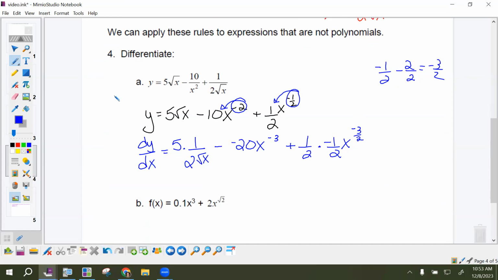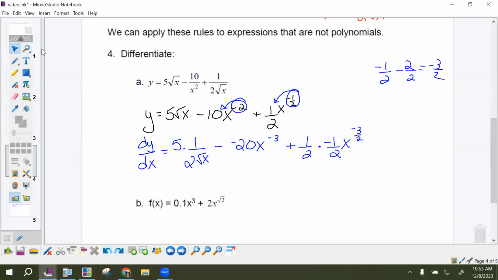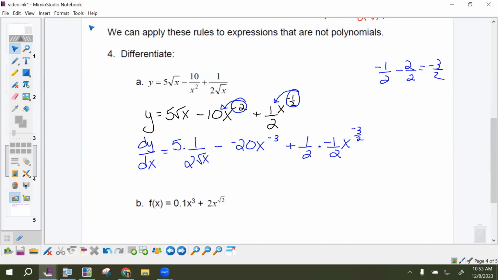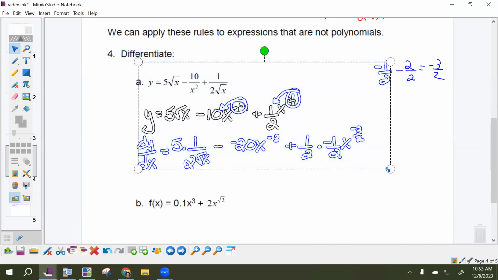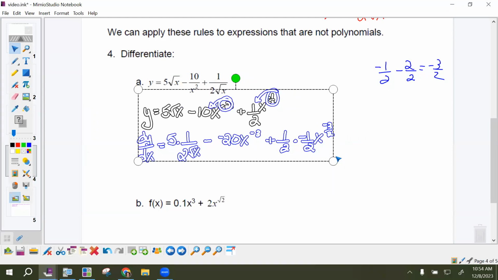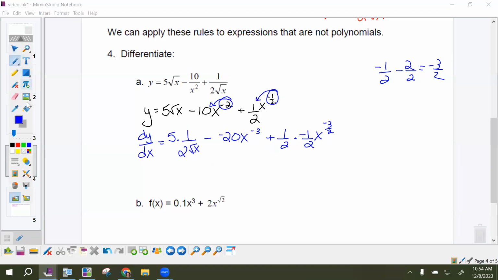All right, so to get our fixed up answer, now that I have more space, 5 times 1 is my numerator, 1 times 2 root x is the denominator, minus a negative is plus.